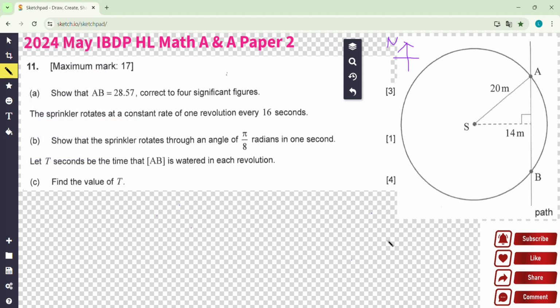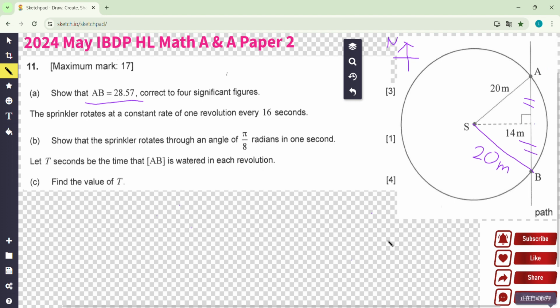Show that AB equals 28.57, correct to 4 figures. AB is here. Remember the circle properties. When you join this together, it is still the radius, right? And you remember perpendicular bisects, okay?